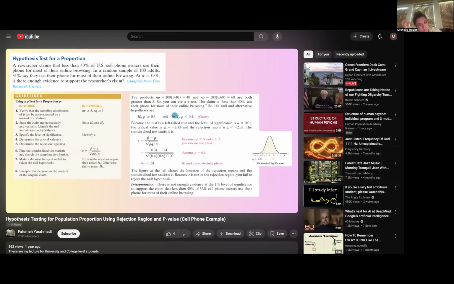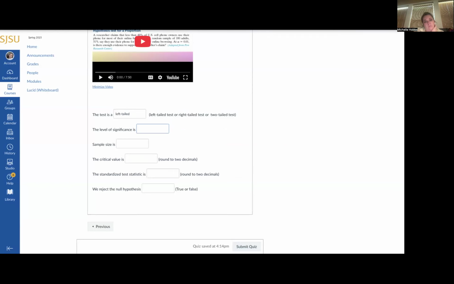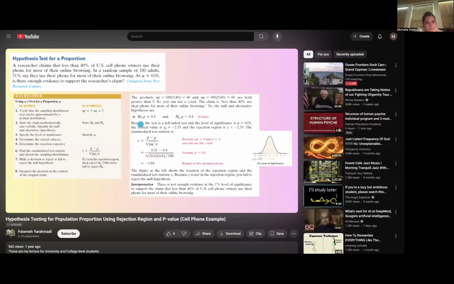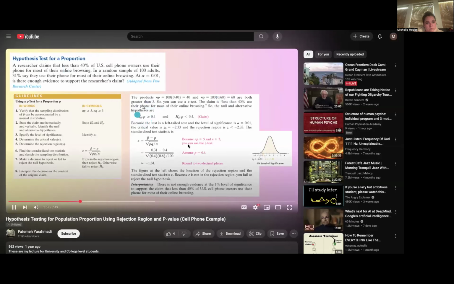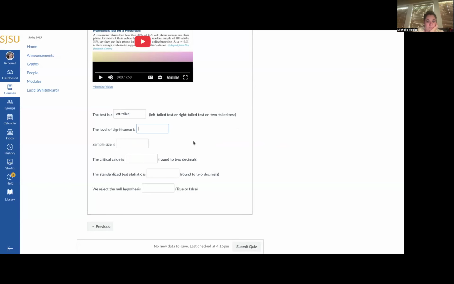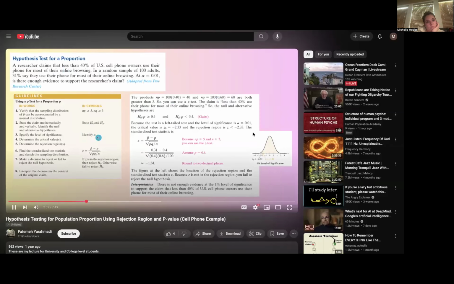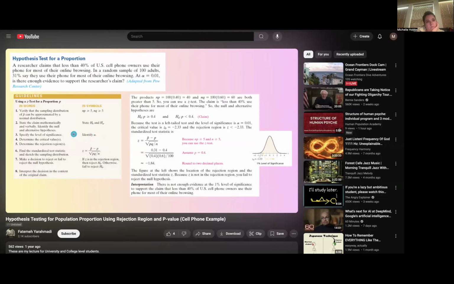This is your claim, and this is your alternative hypothesis. Because of that, you have a left-tailed test. You can easily build the null, which is the opposite. So it says, hey, the population proportion is more than or equal to 40%. Now that we stated the null and alternative hypothesis, we identify alpha, which is 1%.